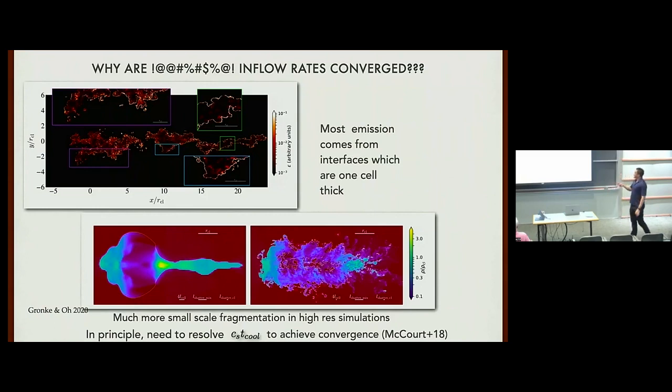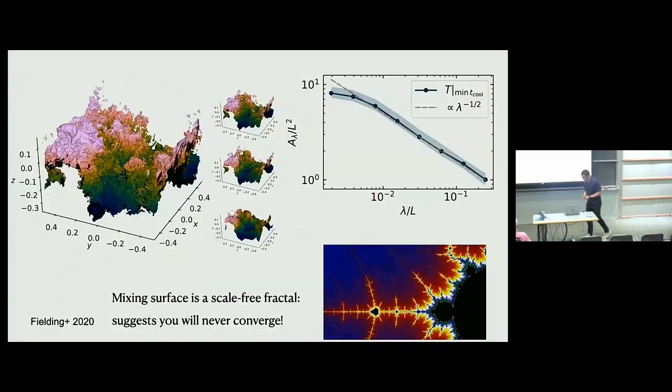And then you would think, well, if you have more area, you will have more mixing and more cooling. But the thing is, if you run very low resolution simulations and you run higher resolution simulations, they have the same mass growth rate. They have the same surface brightnesses, even though the morphology looks quite different. So that was disturbing to us. So these were two questions that motivated us.